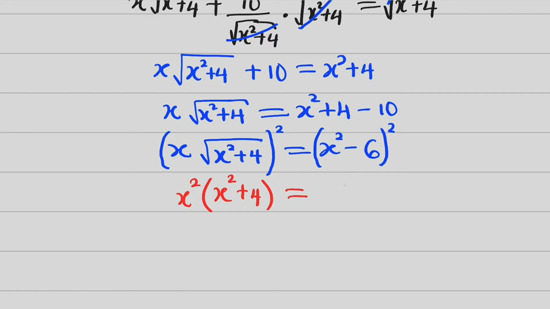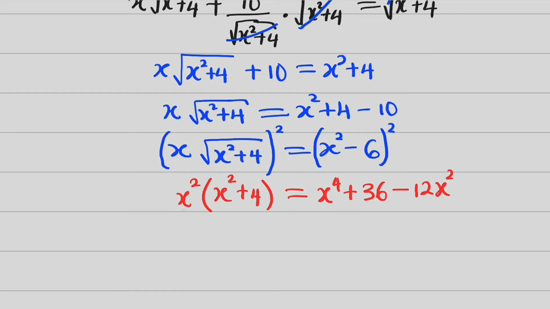And to the right we have first term squared will be x to the power of 4, plus second term squared, 6 times 6 is 36. Then minus, because of this sign, we have 2 multiplied by this term multiplied by this term, which is going to make it 12x squared.